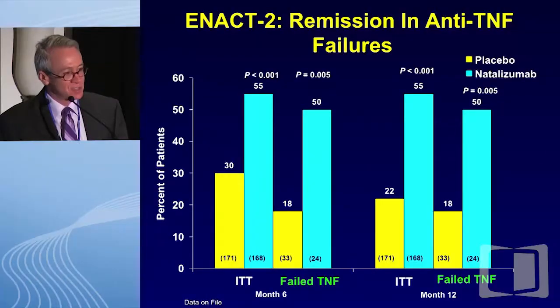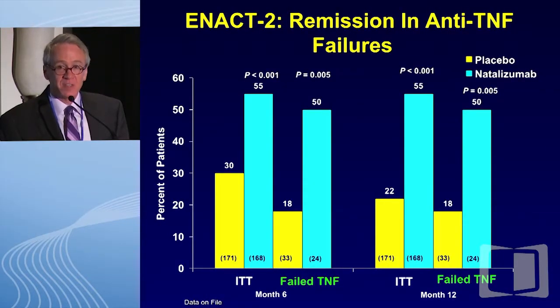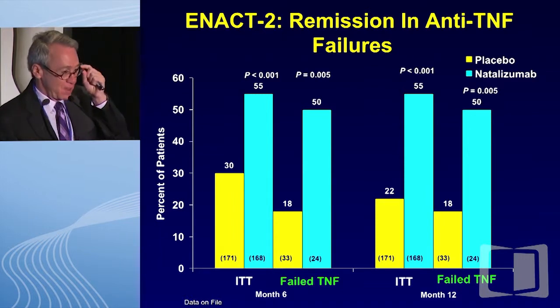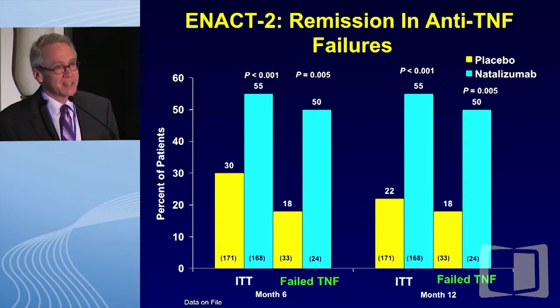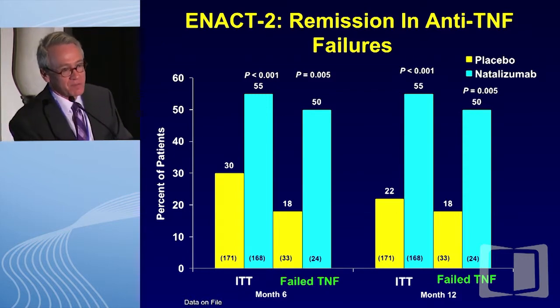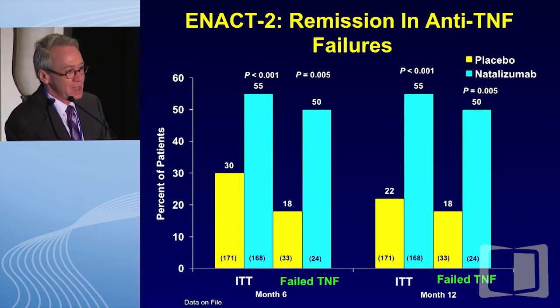Natalizumab is a highly effective and FDA-approved therapy in multiple sclerosis, and it was also FDA-approved for medically refractory Crohn's disease. We're not going to talk about some of the variations of this theme that will lead to gut-specific therapies in the future, but just to remind you of some of the data that led to FDA approval in refractory Crohn's disease of natalizumab.